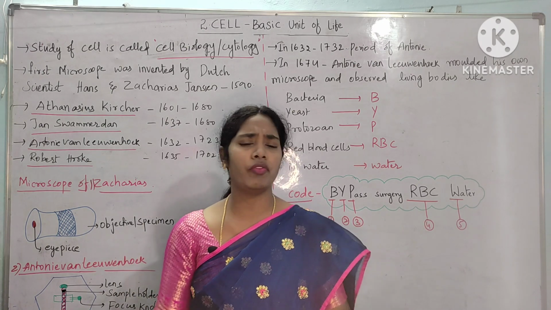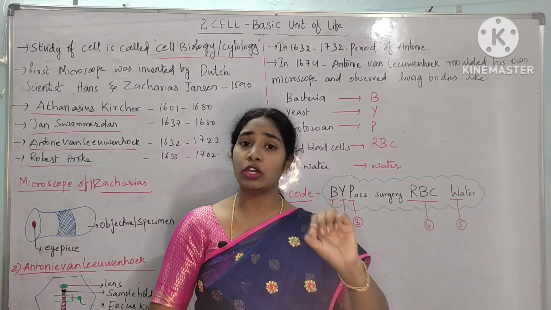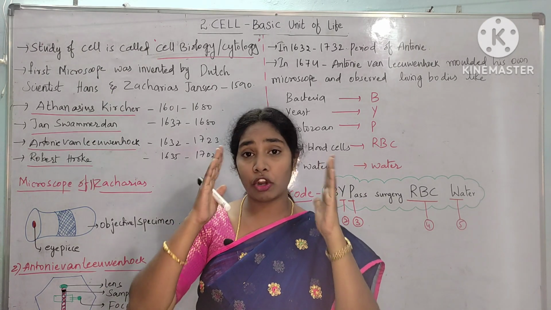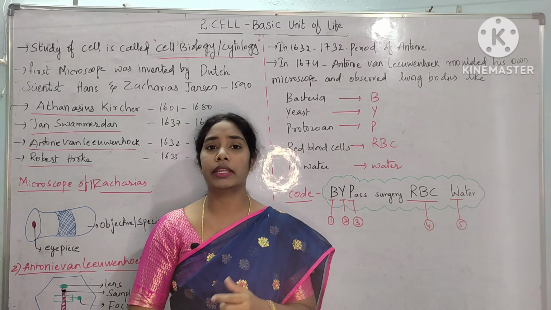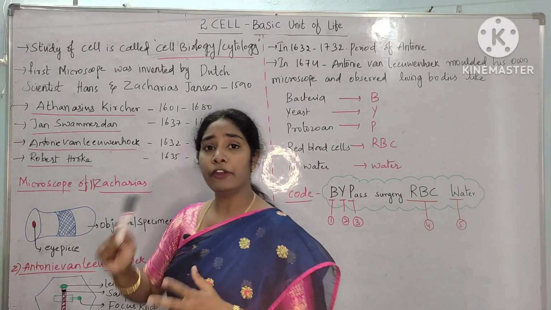No, because they are microscopic in size. They are very small and cannot be seen by the naked eye. So for that we must have an instrument, and that instrument was first invented by a son and father.